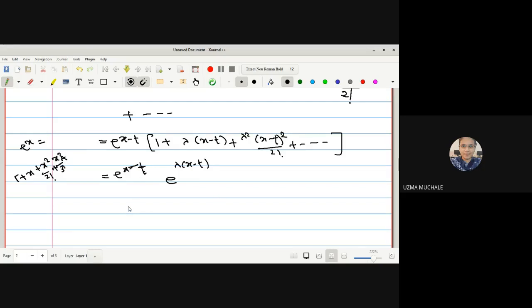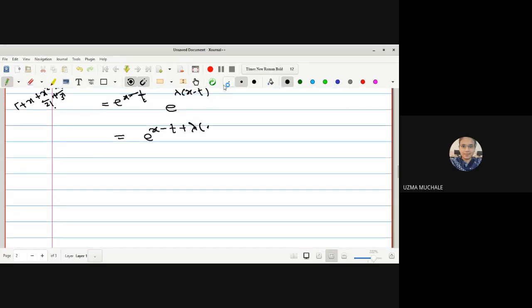So we can write this and then combine, adding the powers: e raised to x minus t plus lambda (x minus t).